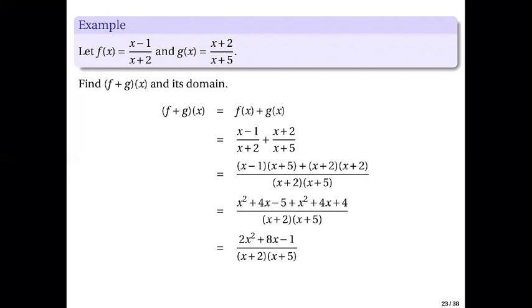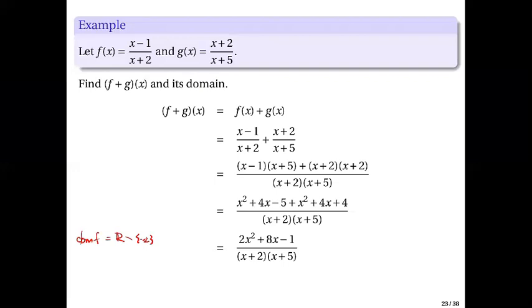Now, the domain. The domain of f, earlier, we already got it. Okay? We already got the domain of f to be the set of real numbers except negative 2. So this is what we got from the previous domain of f.